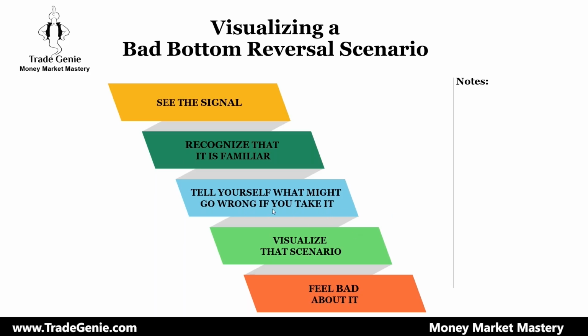Because you created a story in your mind, but you have seen before that it works, and it's a profitable trade. But then you create that step. We all create this step of visualizing what can go wrong, and then we don't take the action. We visualize that scenario and we feel bad about it. We visualize how much money we will lose. So this is not a good scenario.